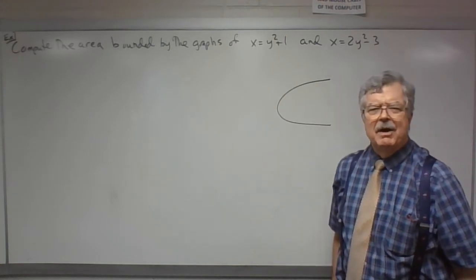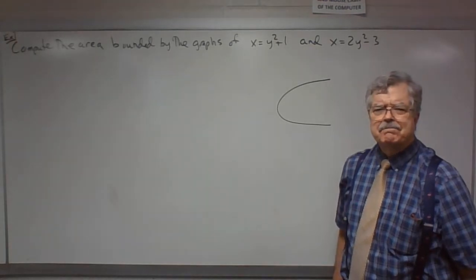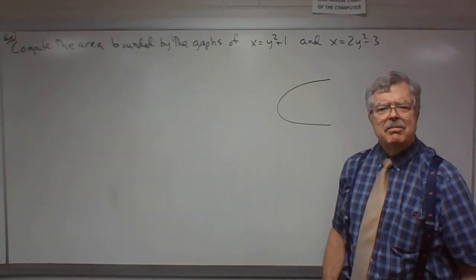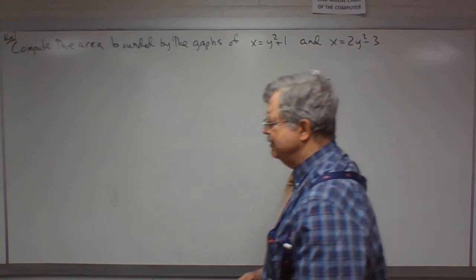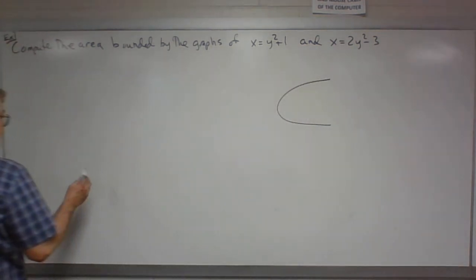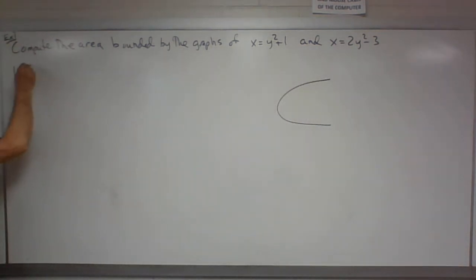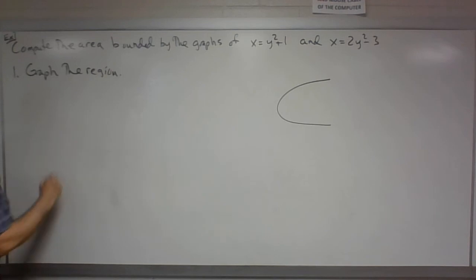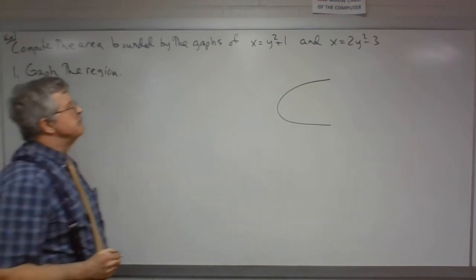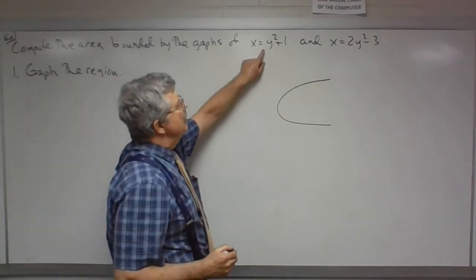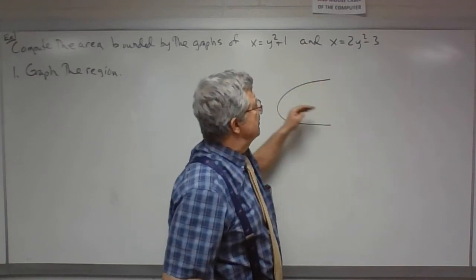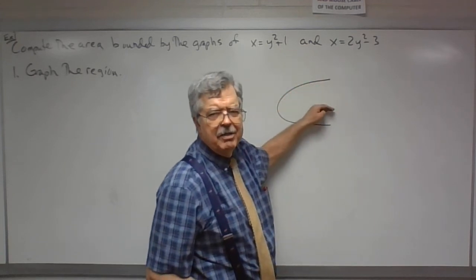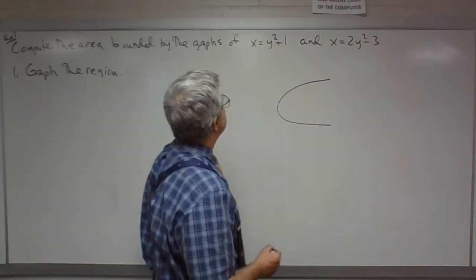What else do we know? Maybe we should think about the vertex. And we were concerned about this because the first step is always to graph the region. Now, we know that these are both parabolas. They both open to the right or in the positive x direction.